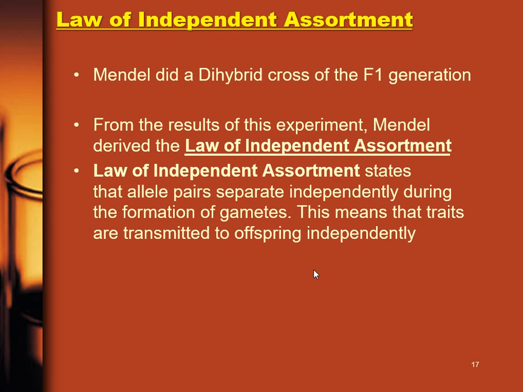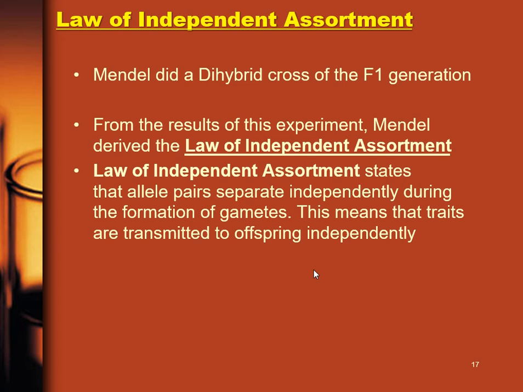Now, from the result of this experiment, Mendel derived the law of independent assortment. The law of independent assortment states that allele pairs separate independently during the formation of gametes. This means that traits are transmitted to offspring independently. That's why you cannot know if you're going to have a male child or a female child. I believe that's one of the reasons.